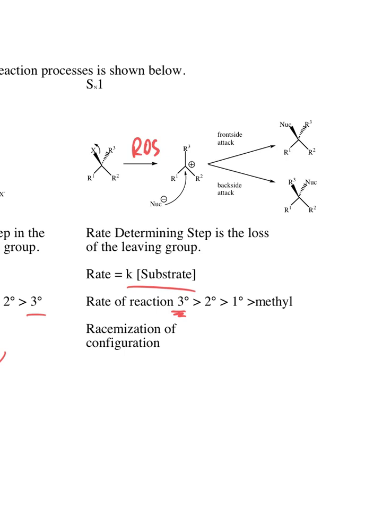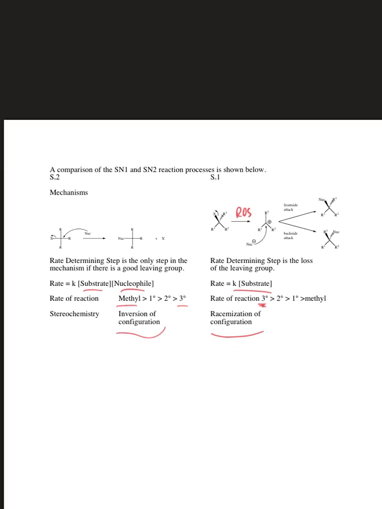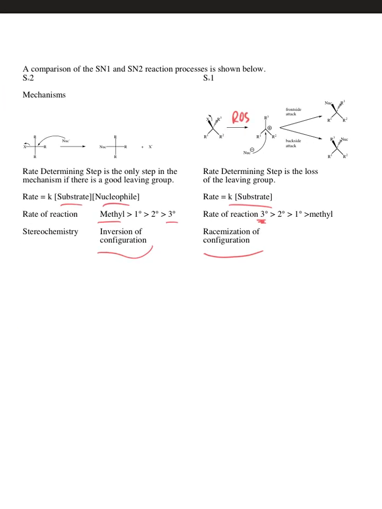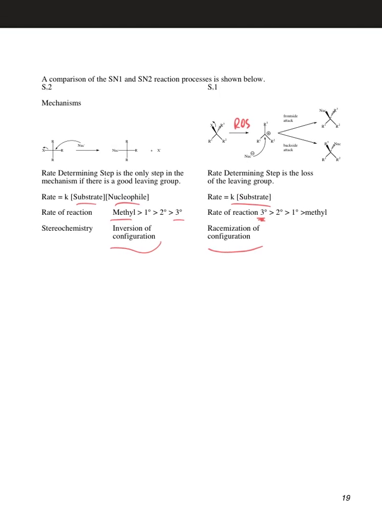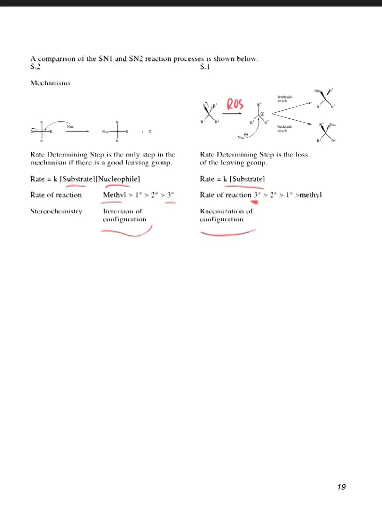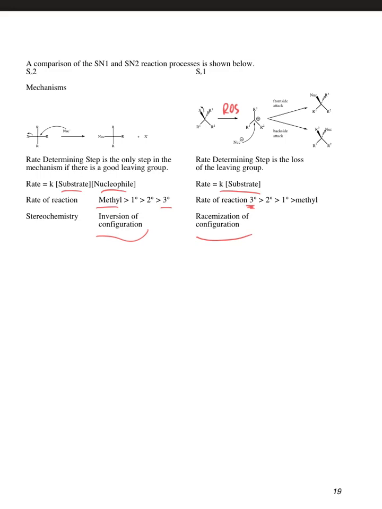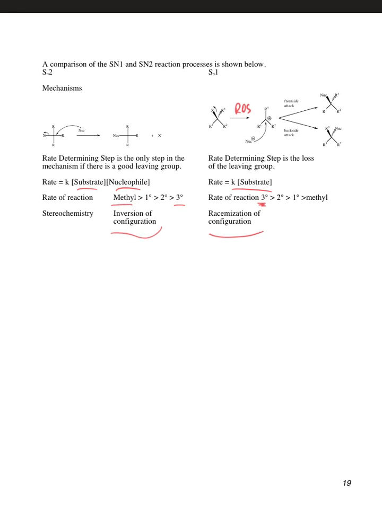You're not going to form the methyl cation. You're really not going to form the primary cation. And the racemization of the configuration is what happens to a stereocenter if you have it. Okay, so think about this page. Make sure you understand what it's implying and what's going on in the mechanism of both for what's happening. Okay.